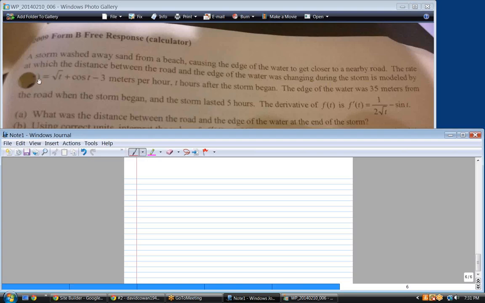This right here is, what is that? I can't even tell. There's a hole in it. I assume it's just something of t. The rate at which the distance between the road and the edge is modeled, so that must be d of t, because it's a distance. Remember that that is a rate, so it's a derivative.